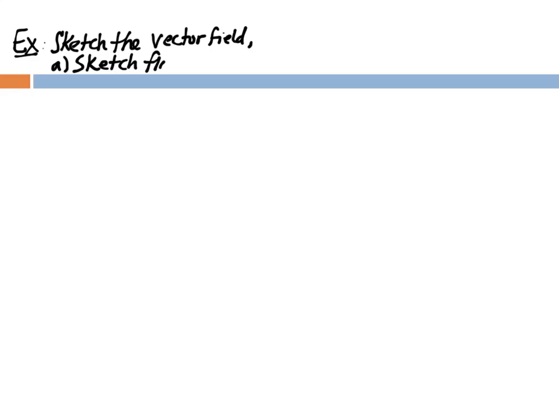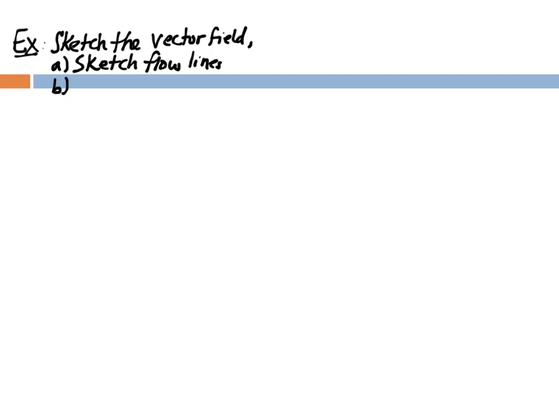All right, so we're going to do an example. We're going to sketch the vector field. And as long as the book doesn't tell you by hand, I'm fine with you using the electronic version of doing something with this, okay? So sketch the vector field. And I think I only had you do 2 of them by hand, so it's not going to be a lengthy part of that assignment. And then we're going to sketch flow lines. I'll say this is sort of part A. Sketch flow lines.